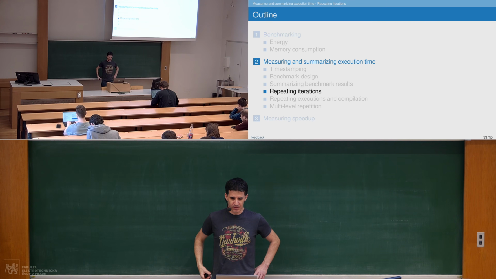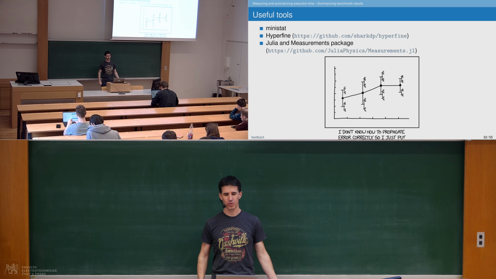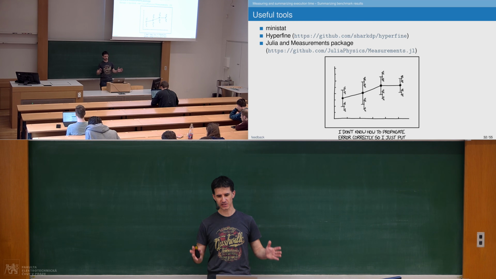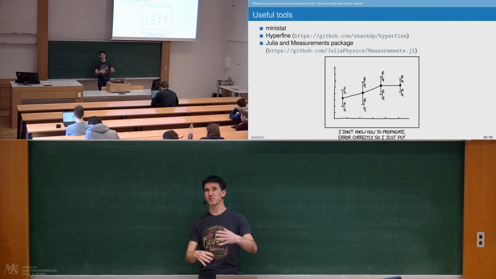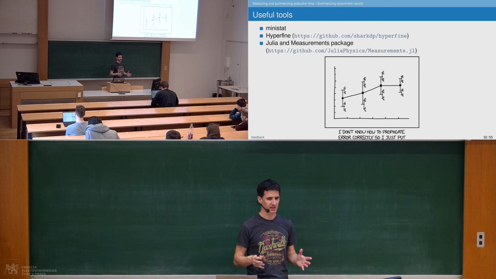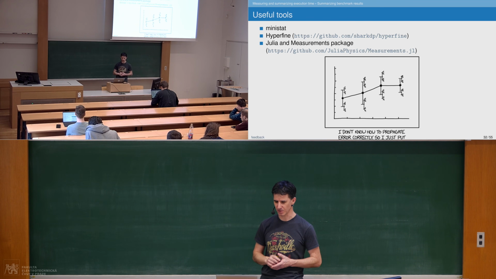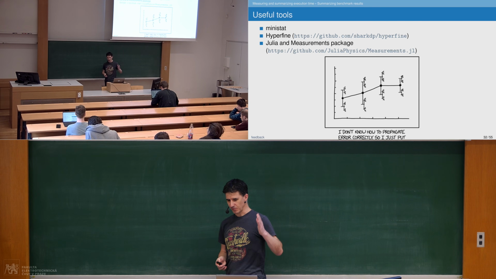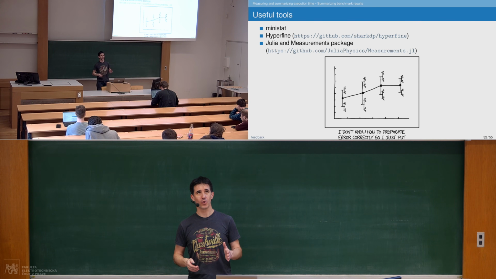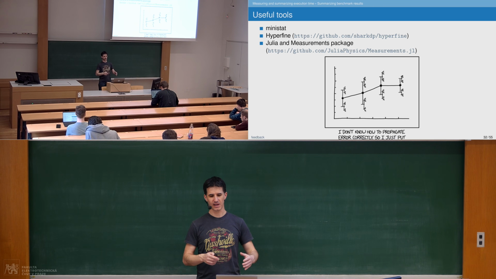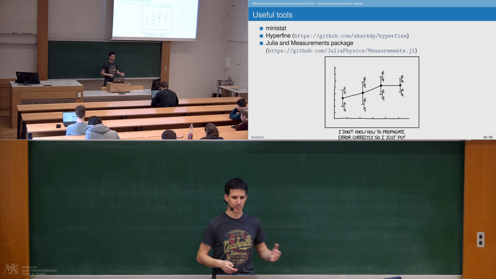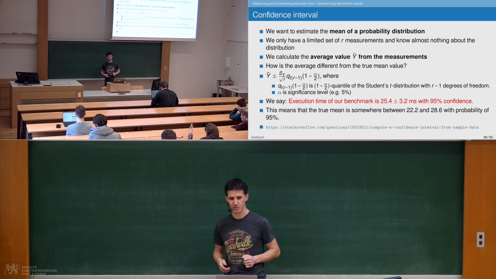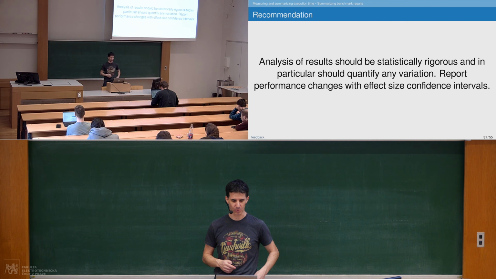So this was how to measure execution times, and how to do some simple or more complex statistics, and how to report those execution times. One of the points was that we always have to repeat the measurements, and then from the samples obtained by repeating the measurements, we calculated those confidence intervals and mean values and so on.